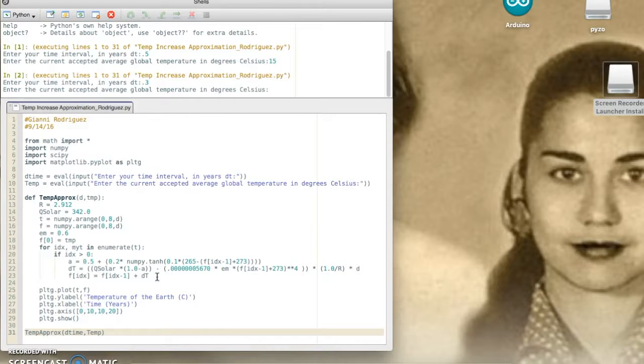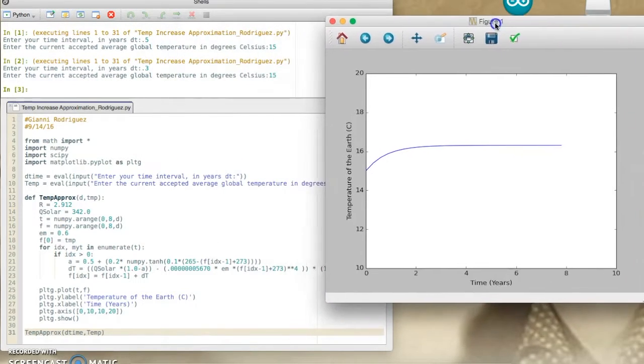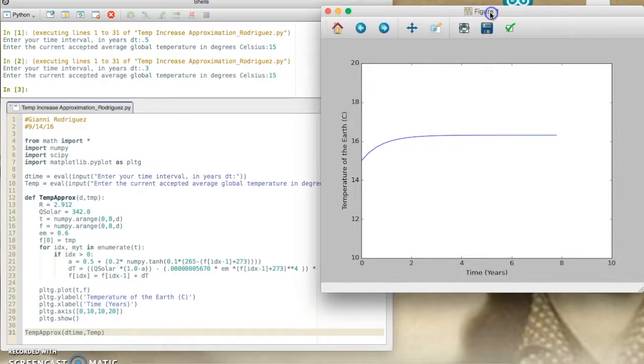However, the user will use something a little more standard like Celsius, and the program will actually convert into Kelvin by adding 273. In my runs of this, I've put in about 15 degrees Celsius. Press enter, and here is the output graph.